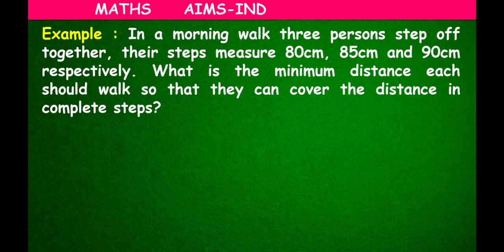So that with these steps, they can cover the distance equally, because the steps of the 3 persons are different. One person is 80 centimeter, one person is 85 centimeter, another person is 90 centimeter. So we have to find a distance such that it can be covered with these 3 different types of steps.